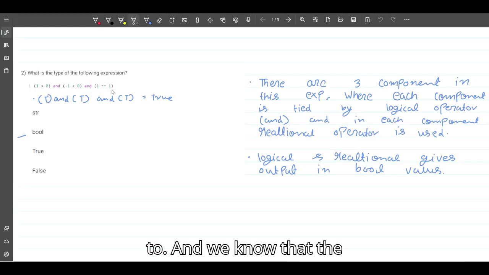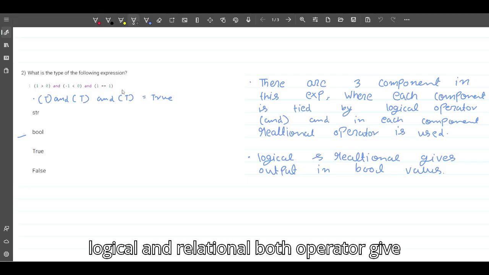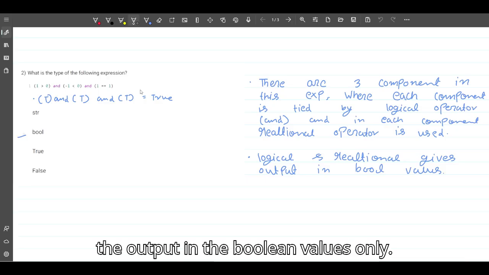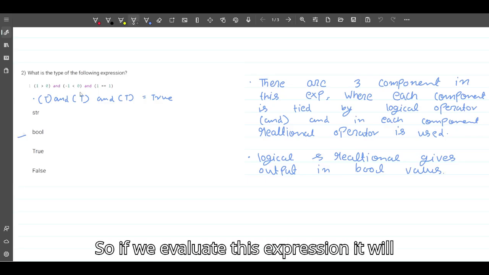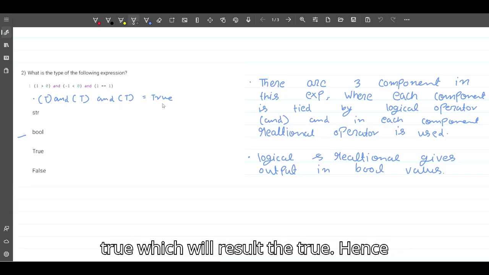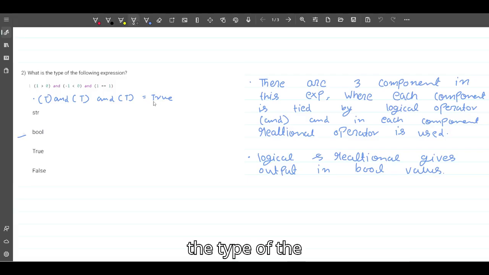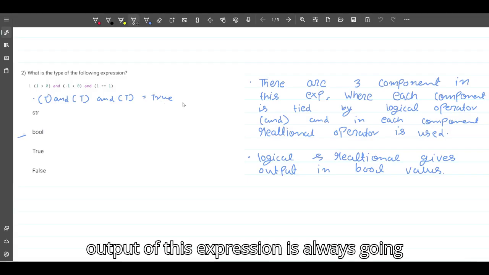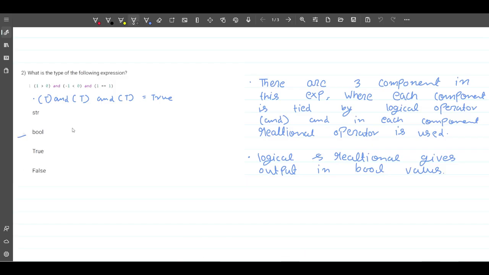We know that both logical and relational operators give the output in boolean values only. So if we evaluate this expression, it will look like true and true and true, which will result in true. Hence the type of the output of this expression is always going to be boolean.